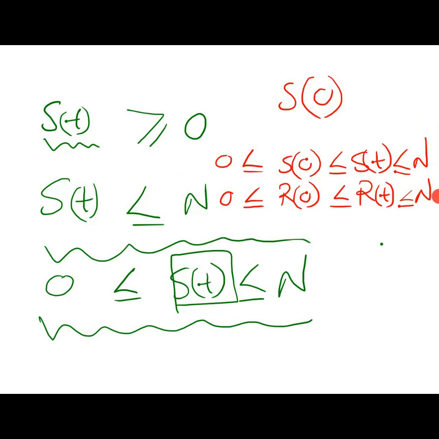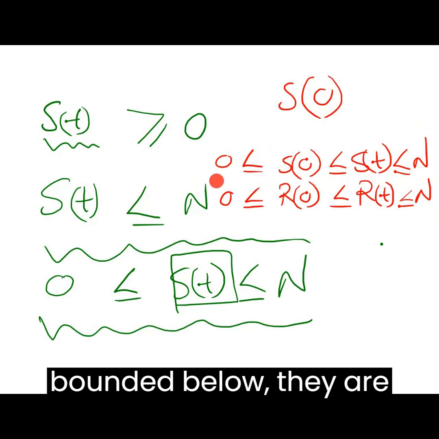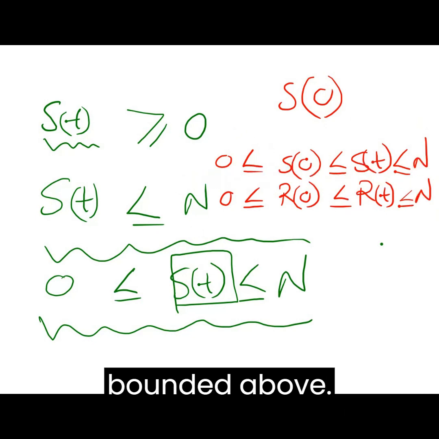So this is proof of boundedness: our solutions are bounded below and bounded above.